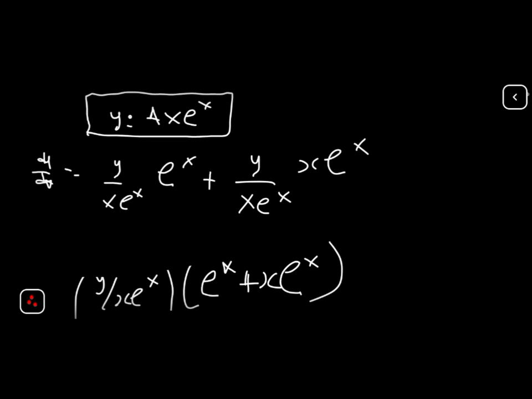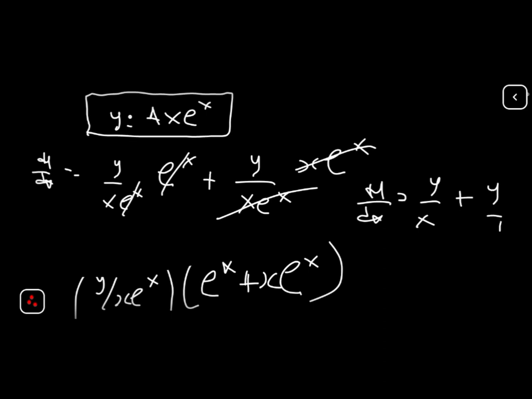All right, so we know that this would cancel and this would cancel. So we would be left with dy/dx is equal to y over x plus y.